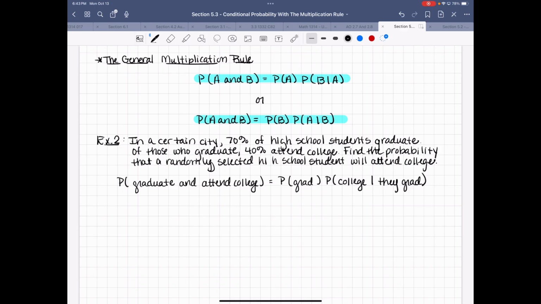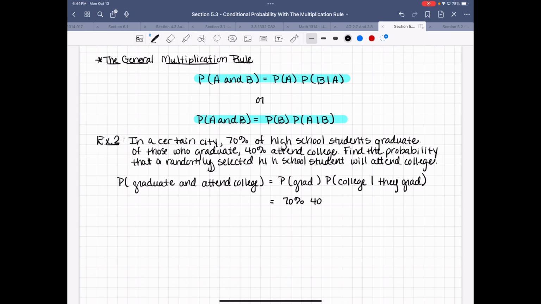So, what's the probability that a student graduated? 70%. And then what's the probability that they went to college given that they graduated? 40.